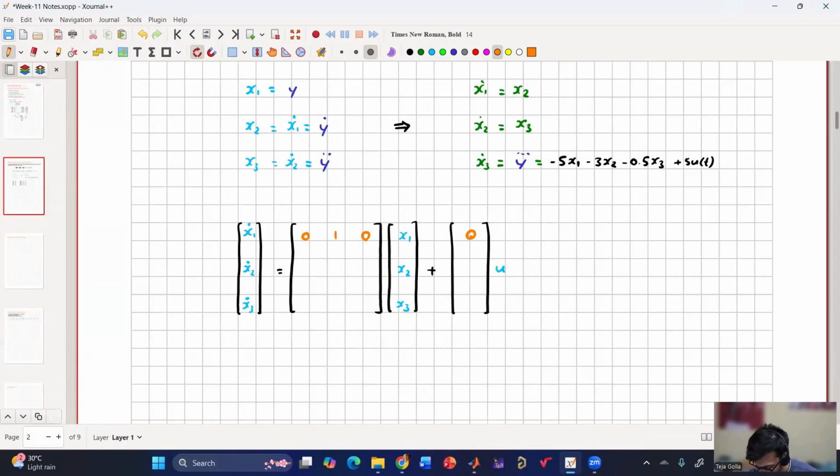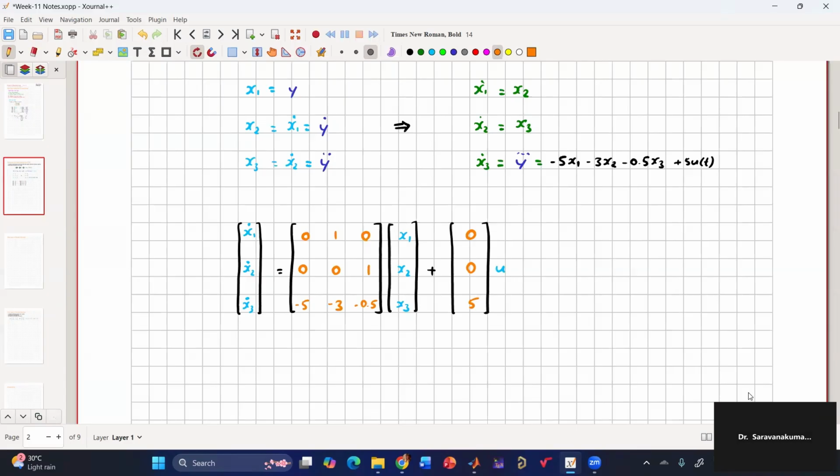So it is 0. And then x2 dot is nothing but x3. So we'll have 0, 0, 1 and then input is 0. The third row is minus 5x1, then minus 3x2, then minus 0.5x3, and then here it is 5 into u.